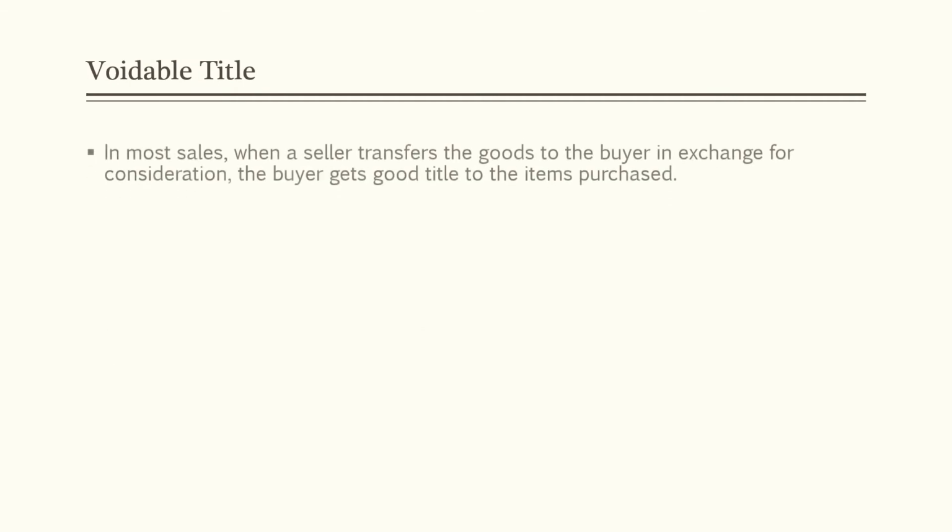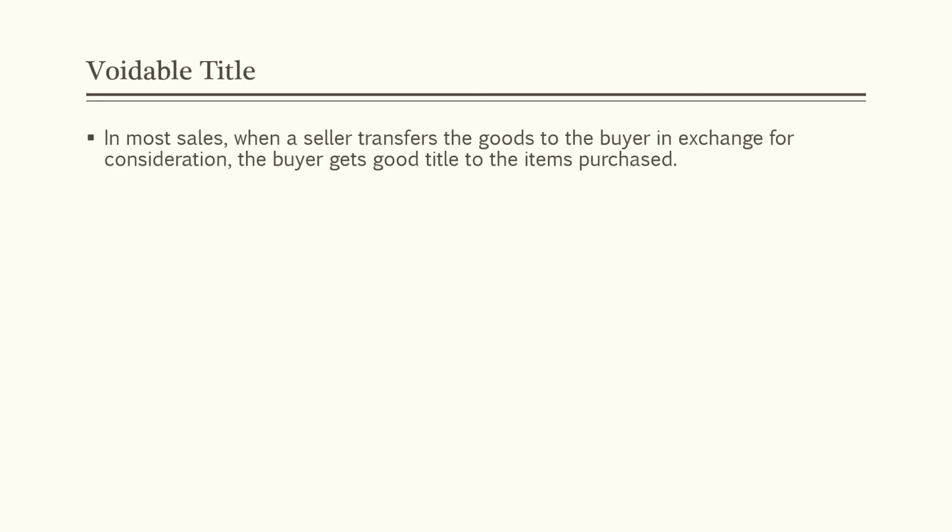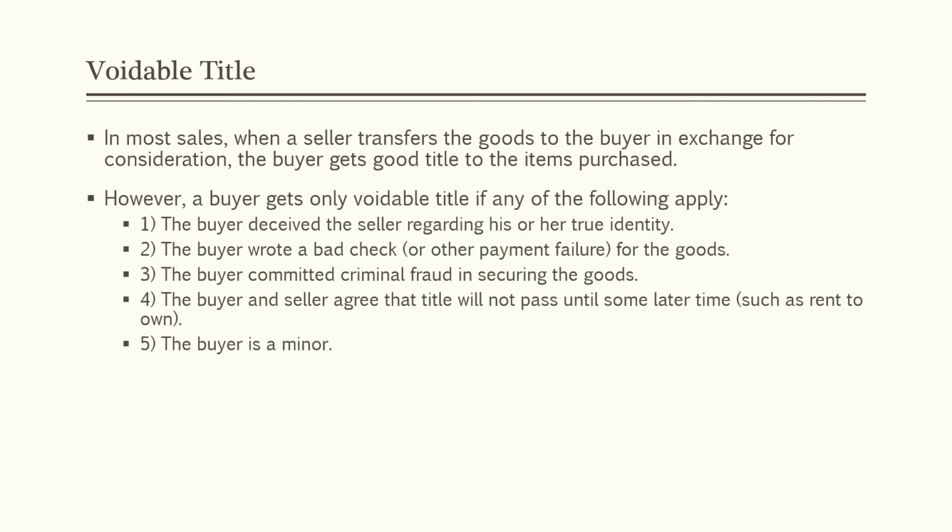The last type of title is voidable title. In most sales, when a seller transfers the goods to the buyer in exchange for consideration, i.e. money, the buyer gets good title to the items purchased. However, a buyer gets only voidable title if any of the following apply. One, the buyer deceived the seller regarding his or her true identity.